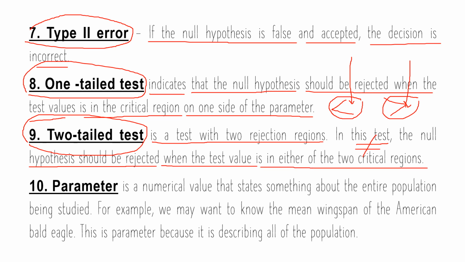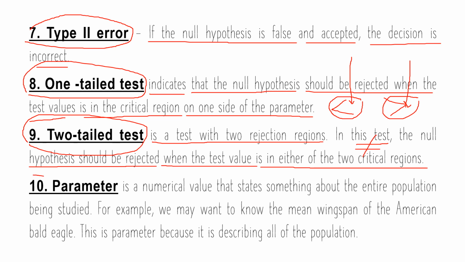If your test value falls in either of the two critical regions, then you're going to reject your null hypothesis. If your computed test value falls in between, that will be your non-critical region, then you're going to accept your null hypothesis.